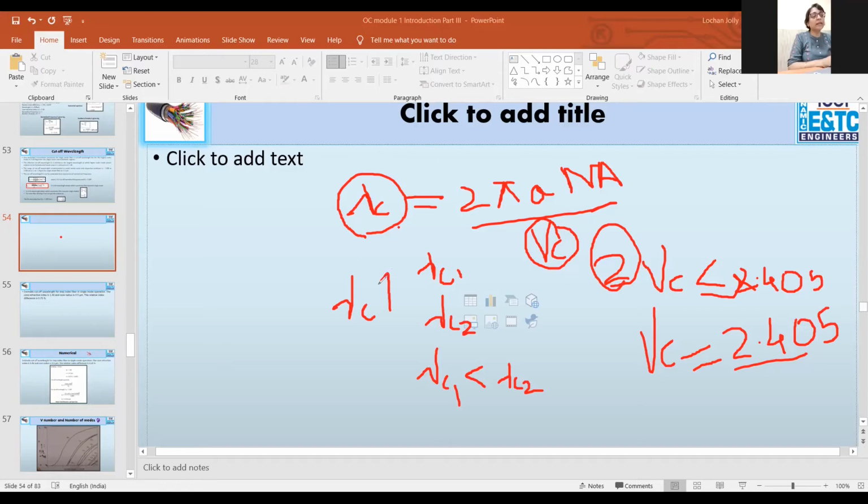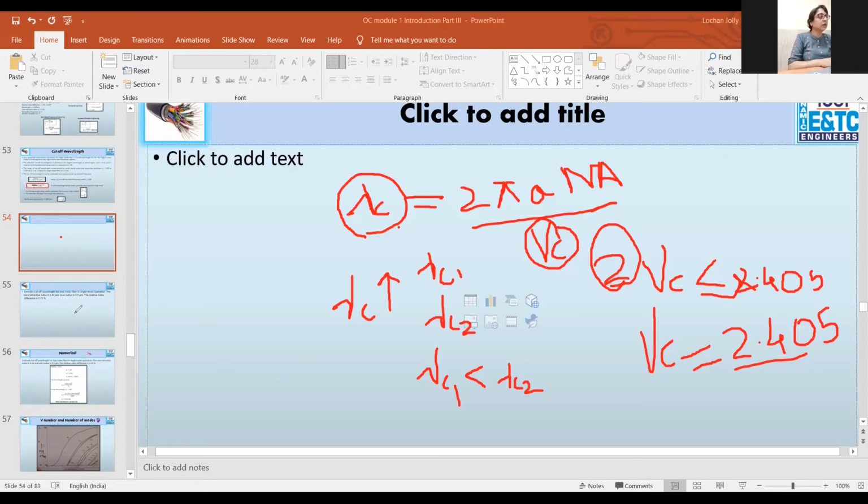The wavelengths greater than or equal to your cutoff wavelength corresponding to 2.405 can be used for single mode transmission in an optical fiber of the given dimensions. Whatever numerical aperture, dimensions, and relative refractive index you are given, for that particular case, only wavelengths equal to or greater than lambda c can be used for single mode transmission.